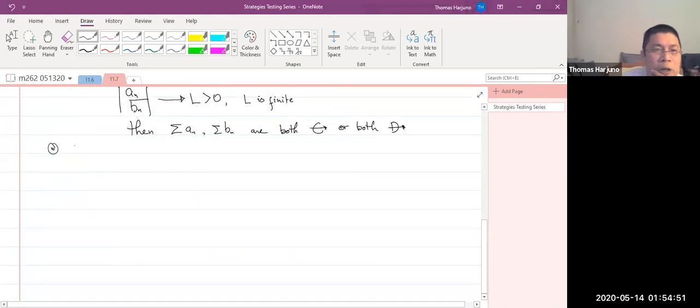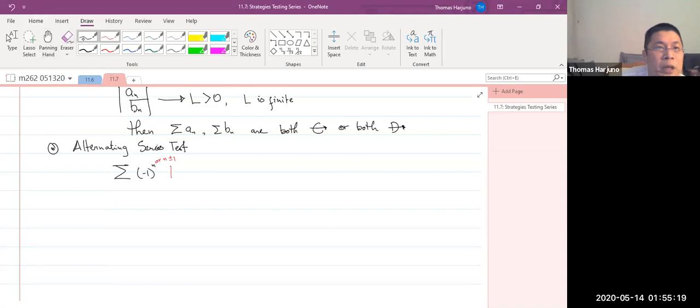The next one, alternating series test. The series where we have alternator of b sub n, where the b sub n is the positive part.